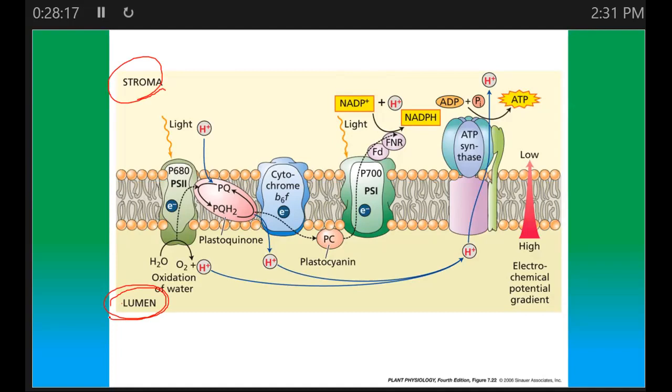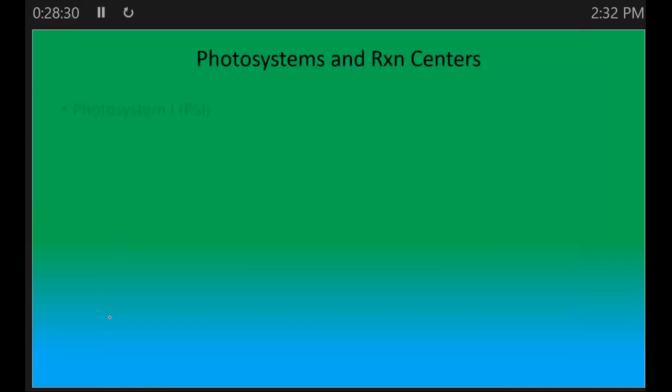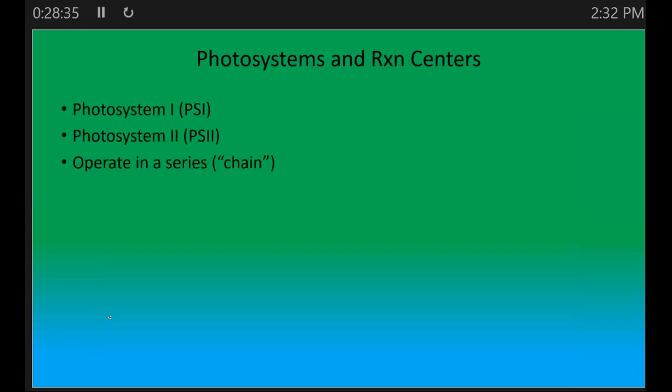So you see that there are two photosystems, photosystem 2 and photosystem 1. You also see that there are some other big complexes in this transport chain process. So let me go into that a little bit. We have photosystem 1 and photosystem 2, and we're going to see that they operate in a chain or a series. What you will learn is that through the light energy absorption, you're stripping electrons off of water, which is pretty low energy.